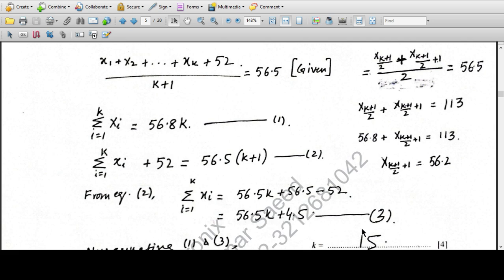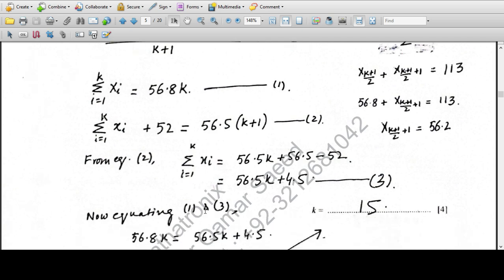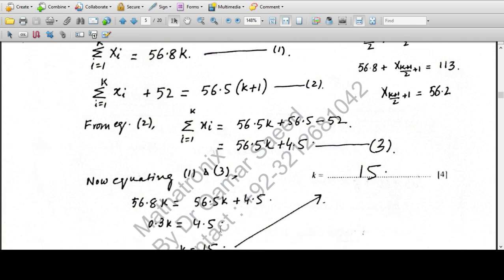Now this equation 3 and equation 1 are same, so we can write 56.5k plus 4.5 is equal to 56.8k. From equation 1 we can equate 1 and 3, and this is 56.8k is equal to 56.5k plus 4.5.